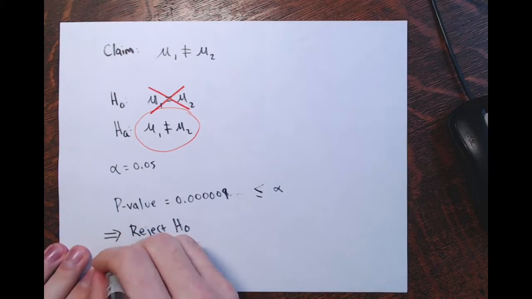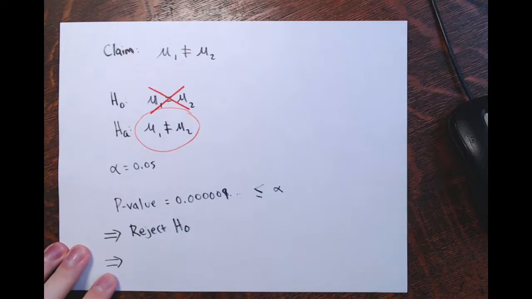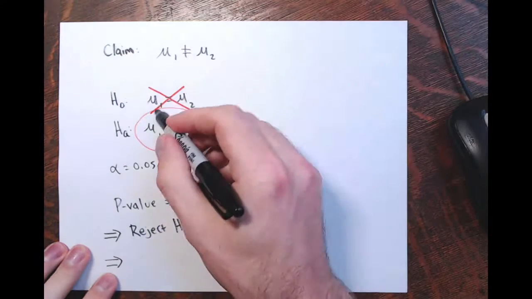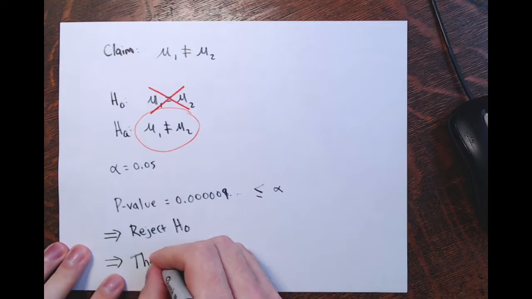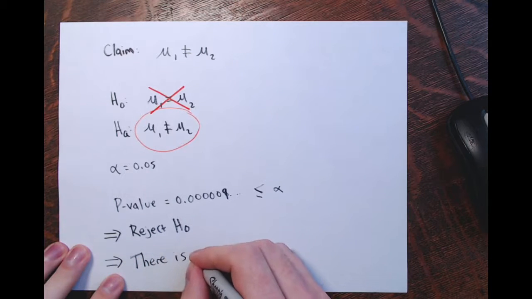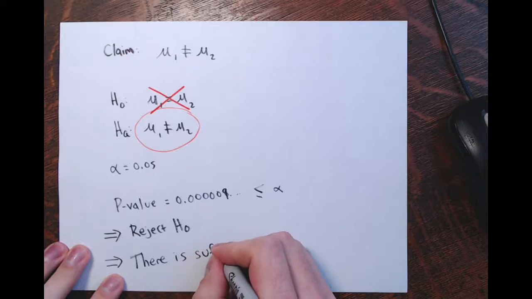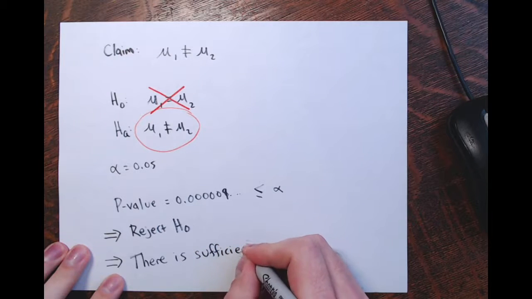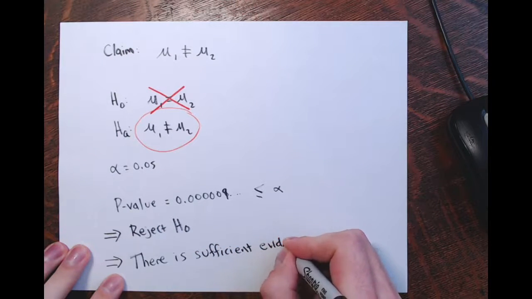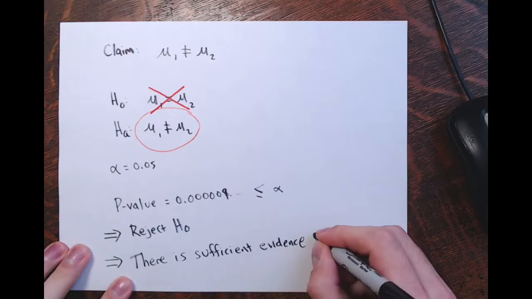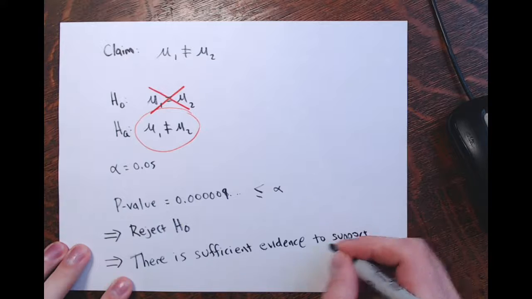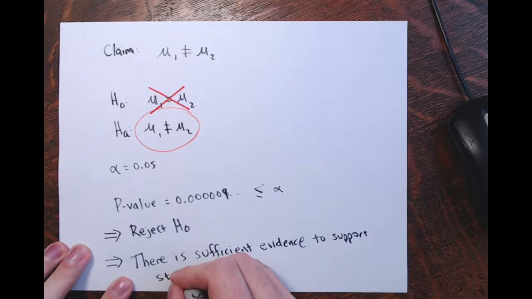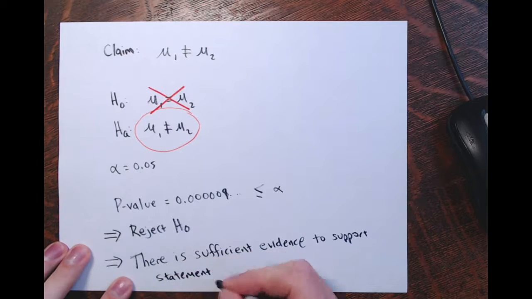And then you make your conclusion and say, well, if we're rejecting this, then we're saying there is sufficient evidence, or enough evidence, to support the statement that private debt and public debt are different.